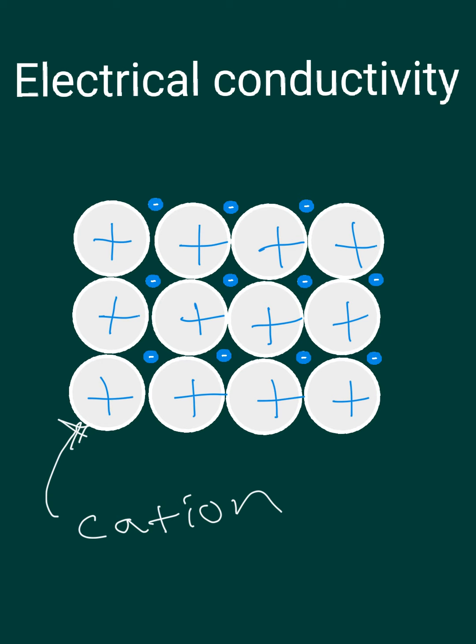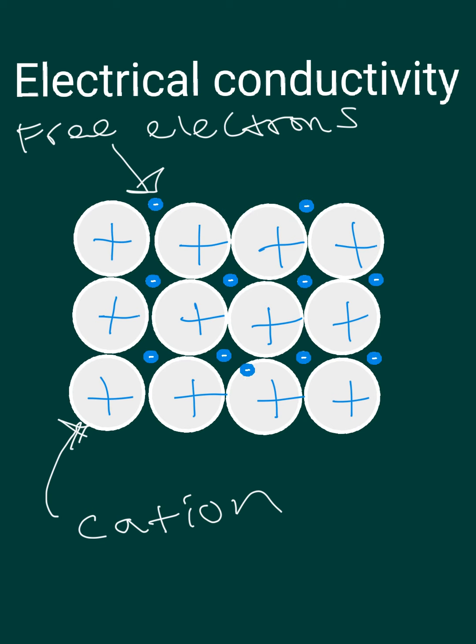And I'm just going to label that as well, free electrons. Now they're called free because they can move throughout the whole structure, and this is what allows metals to conduct electricity. So this charge is carried across when this is connected to a power source.